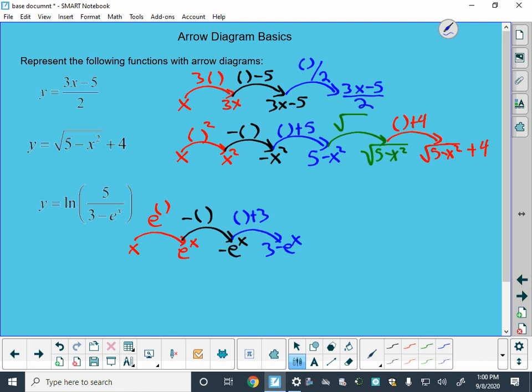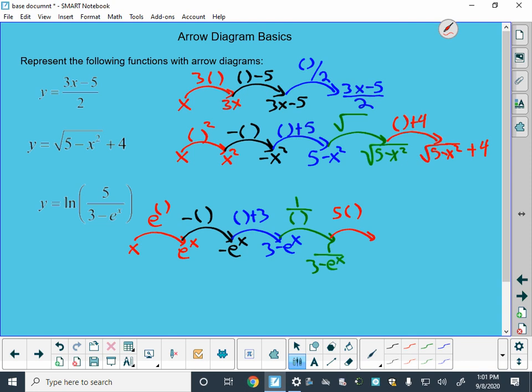But now I see that 3 minus e to the x is in the denominator. I need to get it there. I'm going to do that with a reciprocal, what I like to call the flip it over function. So that will leave me with a 1 over 3 minus e to the x. But it wasn't 1 over that, it was 5 over that. So I'm going to need to multiply by 5.